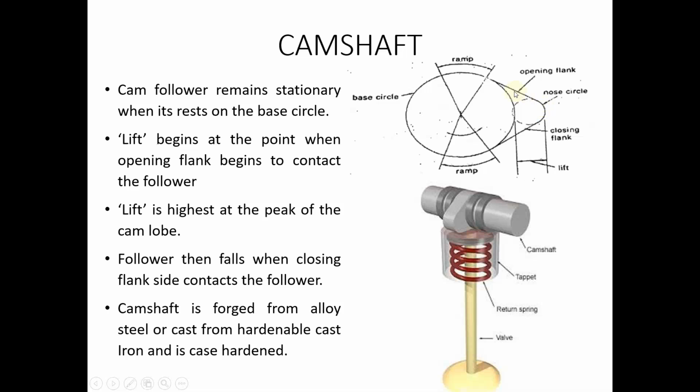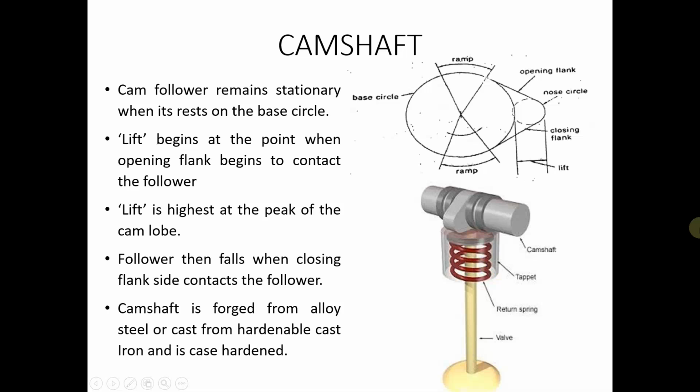So when the cam lobe is in contact with the follower, there is a maximum lift of the valve. And finally, after that, the closing flank area comes into contact with the follower, and due to the spring loaded mechanism, the valve closes automatically.